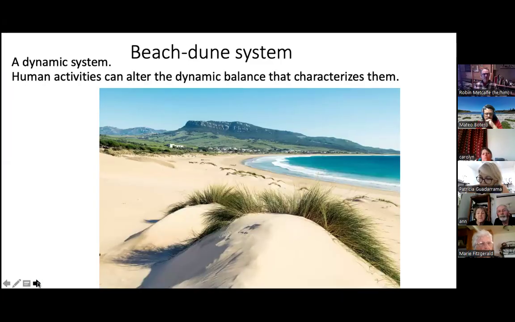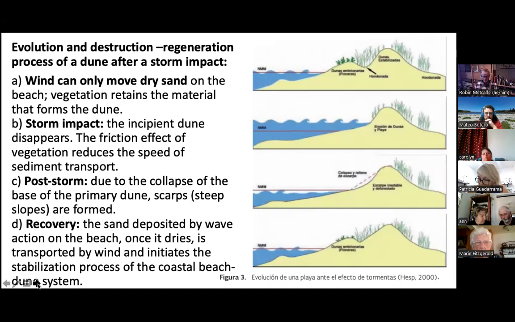As I mentioned before, the dune ecosystem is very dynamic. It constantly changes, but human activities can alter the dynamic balance that characterizes them. What happens when a hurricane or a storm hits? In this series of images, you can observe the changes a dune undergoes.